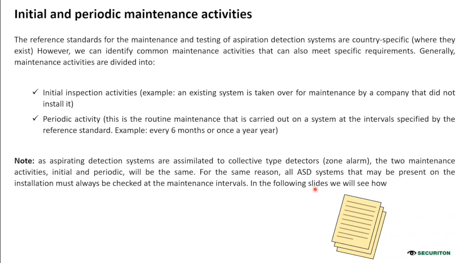So that means that if I have 10 detectors, every time I do maintenance, I have to check all of them. I cannot check, for example, 50% in the first 6 months and the second 50% at the end of the year. They all need to be tested at the same time.